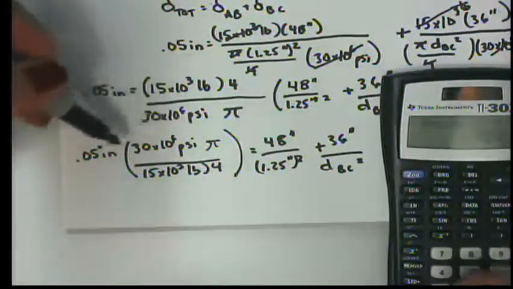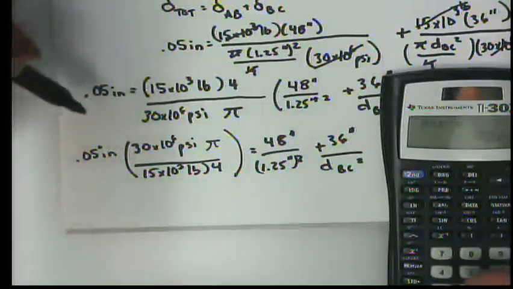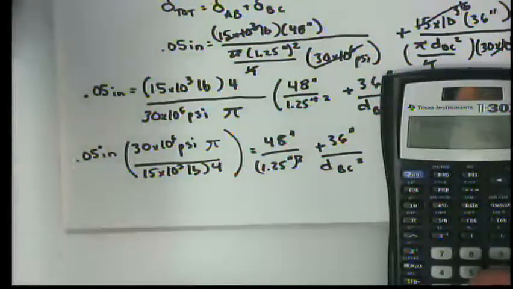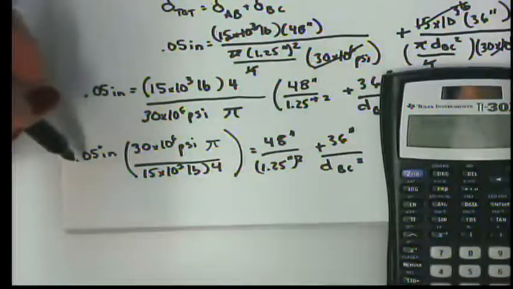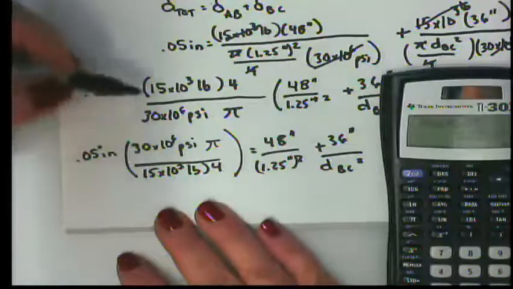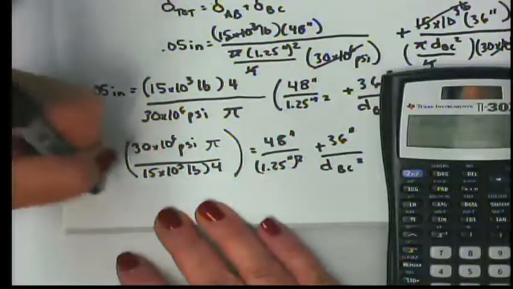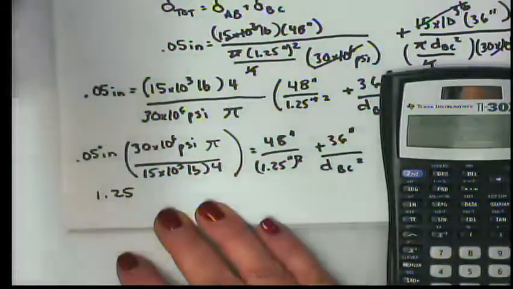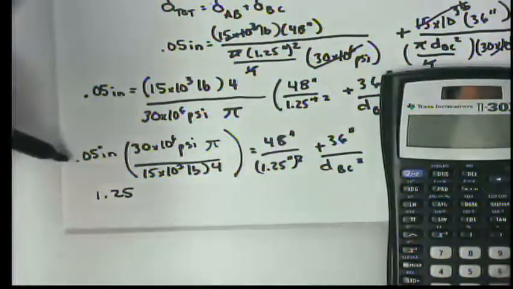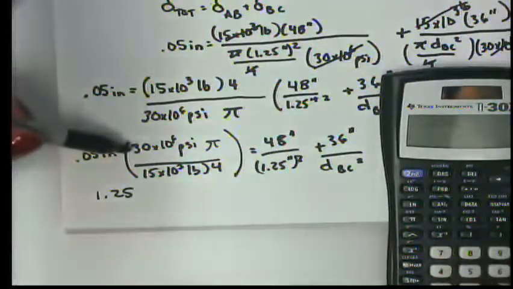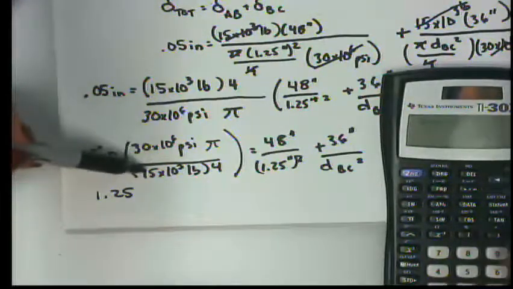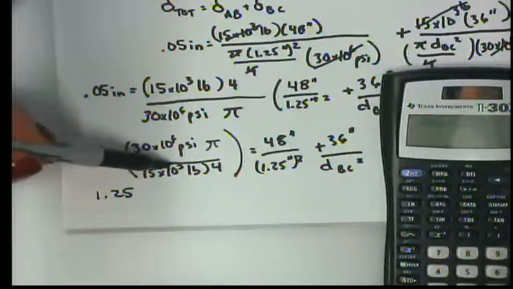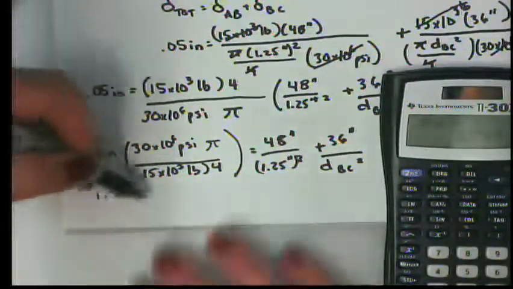Okay, so my mantissa is 0.025 and I have 10 to the 6th over 10 to the 3rd, so that's 10 to the 3rd. So I move my decimal place. Oh, I have to multiply by 0.05. Sorry, I think I forgot that. I gotta check my number now. So if I multiply that by 10 to the 3rd, I get 1.25. But I want to recheck this because I'm not sure I did it correctly. 0.05 times 30 times pi divided by 15 and divide again by 4. Yeah, bad answer.